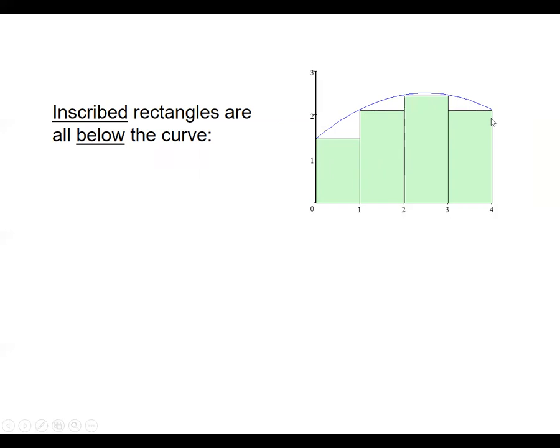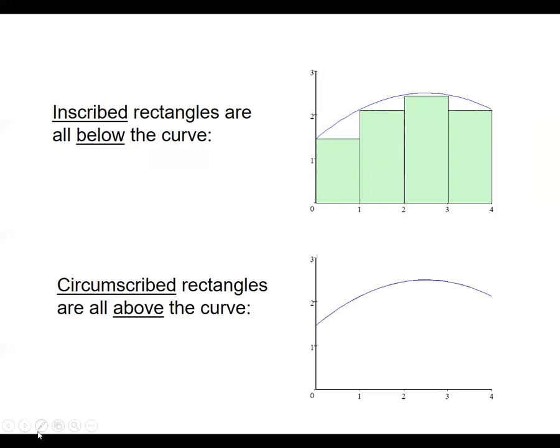But then I'm switching over to a right rectangular method. And again, vice versa for circumscribed rectangles, those all lie above. So it is possible to have combinations of left and right and midpoint, depending upon if I'm inscribed or circumscribed. That's not a common thing done on the AP exam. The left, right, and midpoints definitely are.